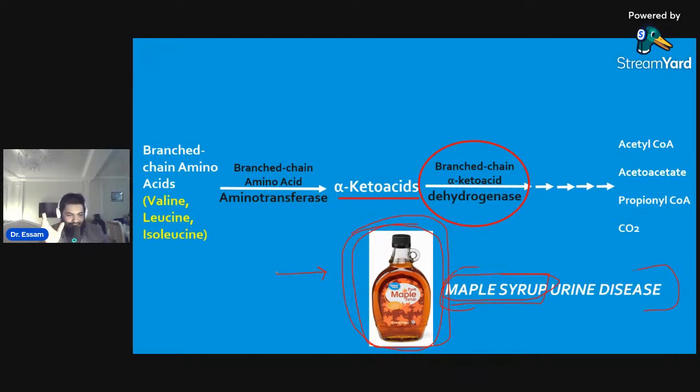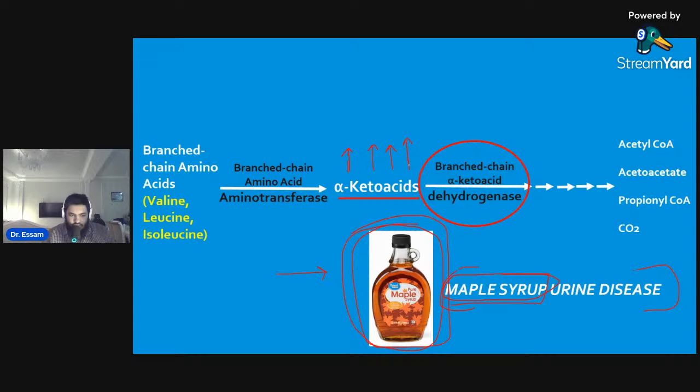The urine will start to smell like maple syrup. It will start to smell sweet. Why will it smell sweet? Because the body has a high amount of alpha keto acids, and these are sweet smelling substances. So that's why the urine will also start smelling sweet.